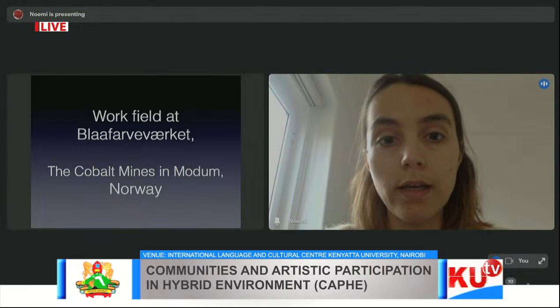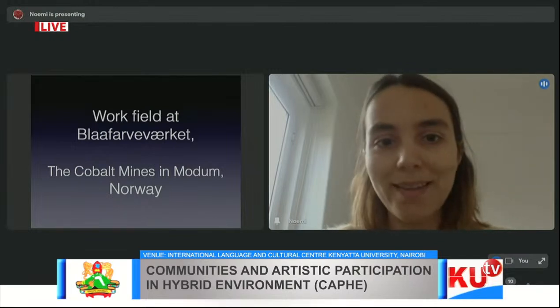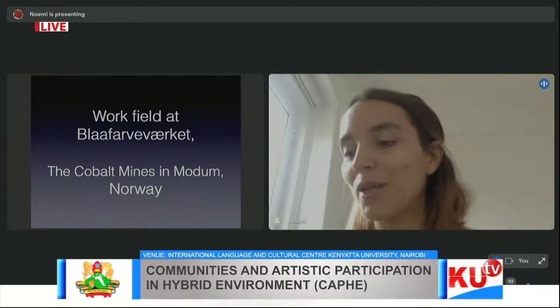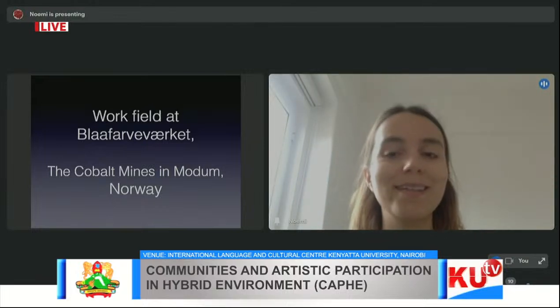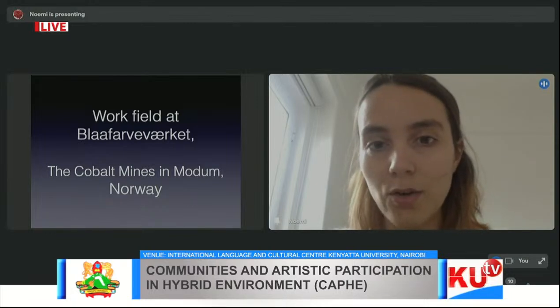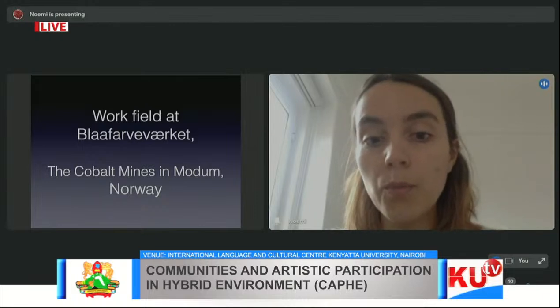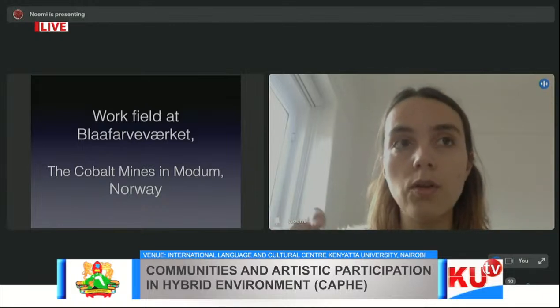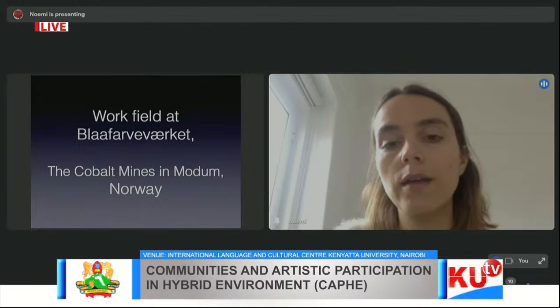It's called Blåfarveværket or something like this. I apologize for my accent. I'm not really Norwegian, and I don't know how to say it, but the translation of this word is the cobalt mines, and they are based in Modum, which is a small locality on the east part of the country in Norway.